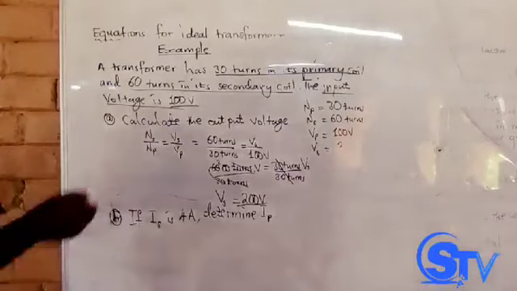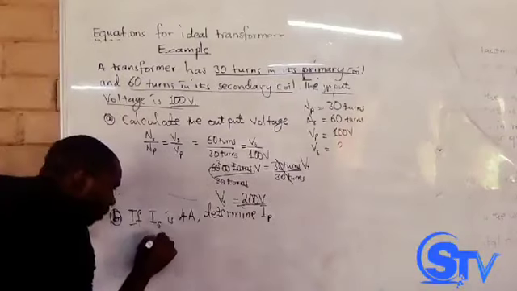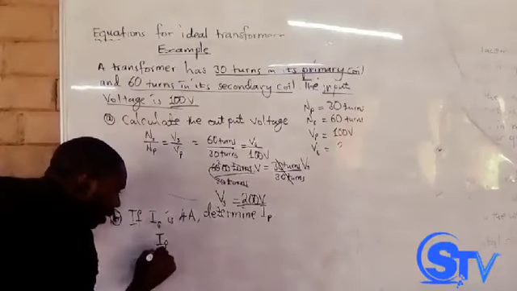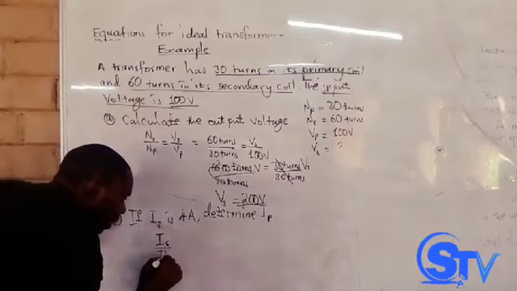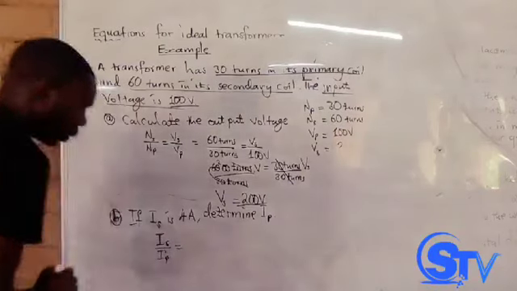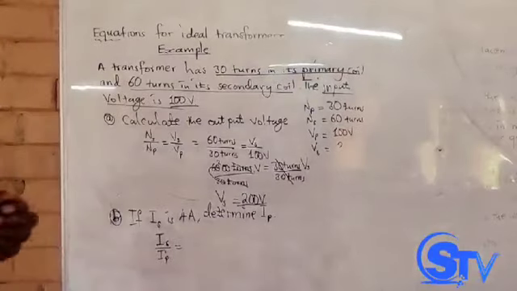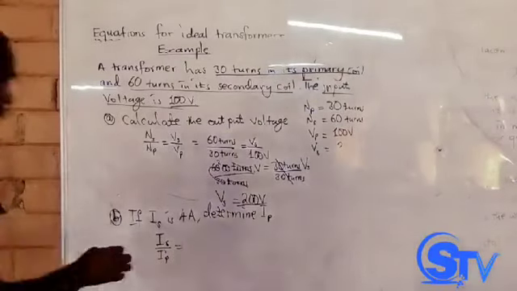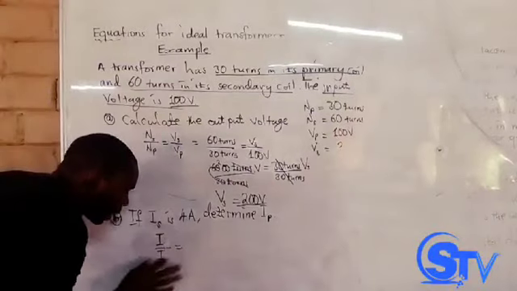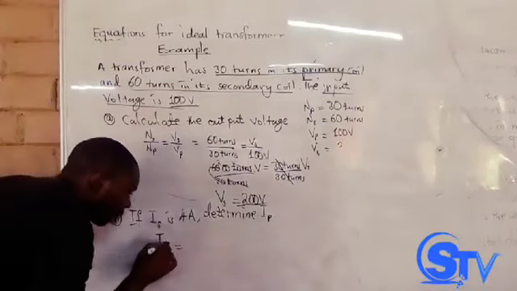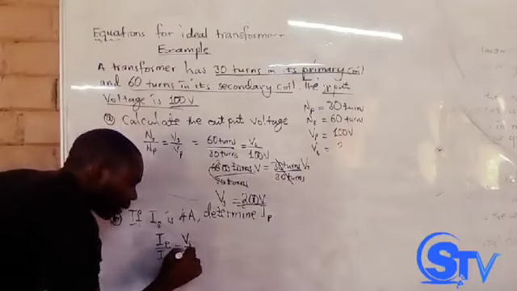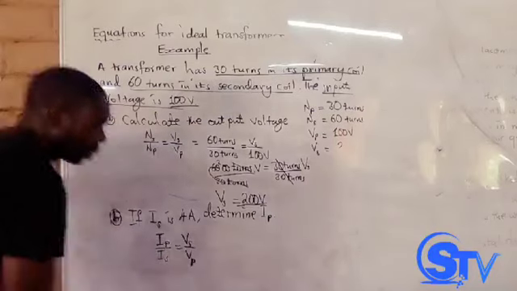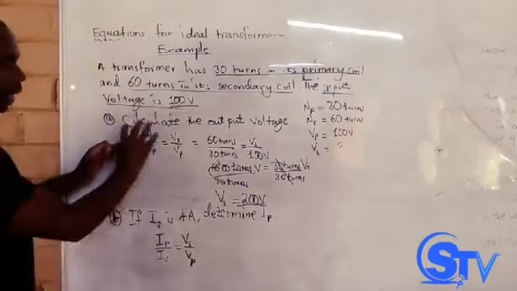So you write the formula, say current in the primary over current in the secondary, which is equal to voltage in the secondary over voltage in the primary. It's the opposite of what we have done here.